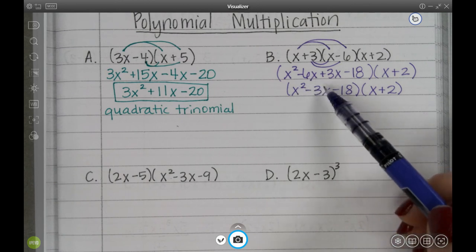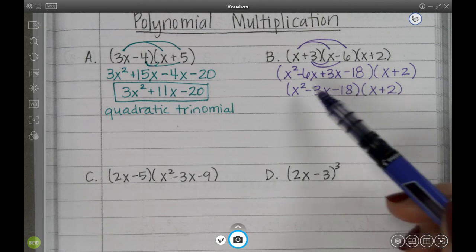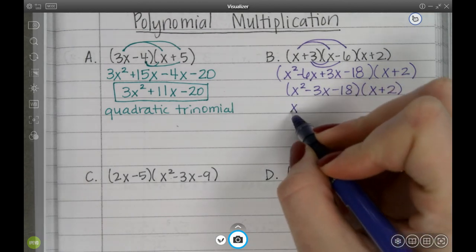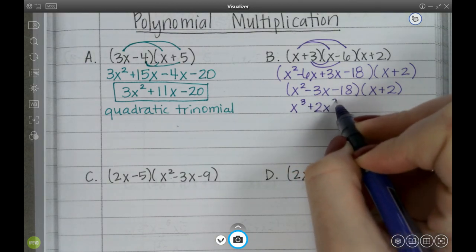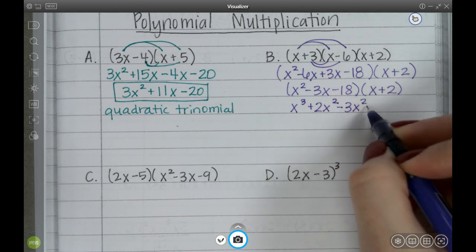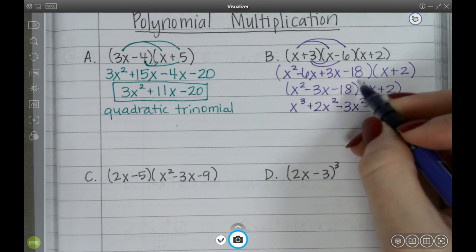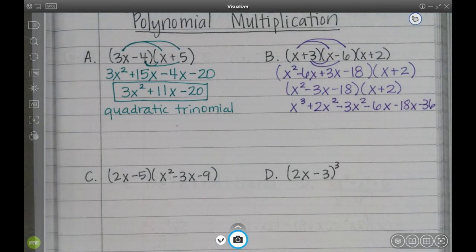You're going to multiply each term in the first set by both terms in the second set. So I'm going to have x cubed plus 2x squared minus 3x squared minus 6x minus 18x minus 36. And then combine like terms.